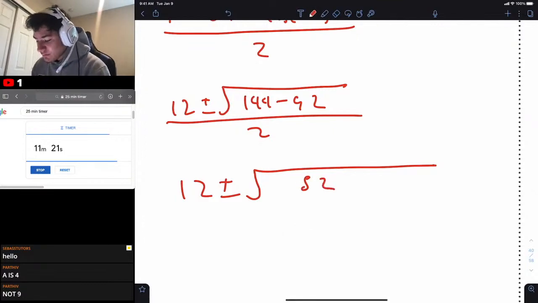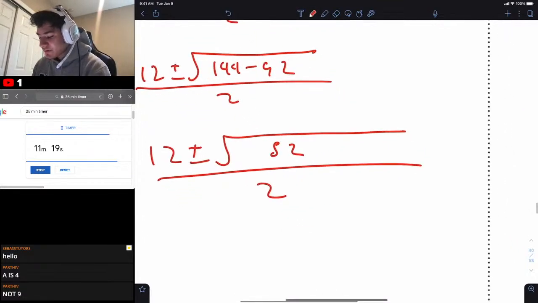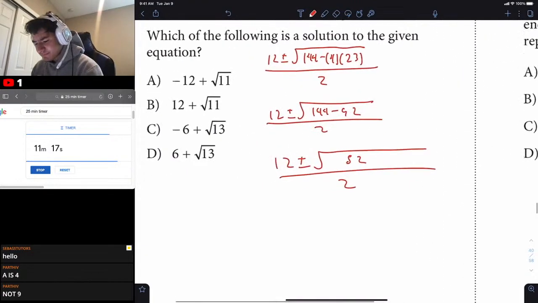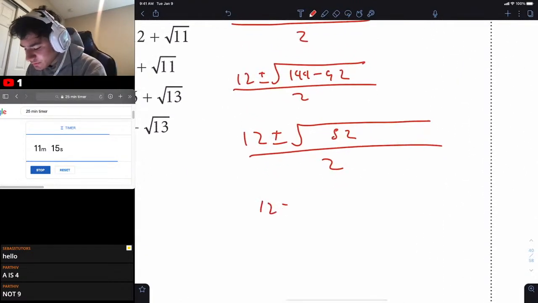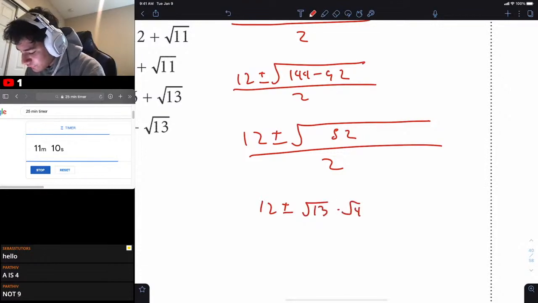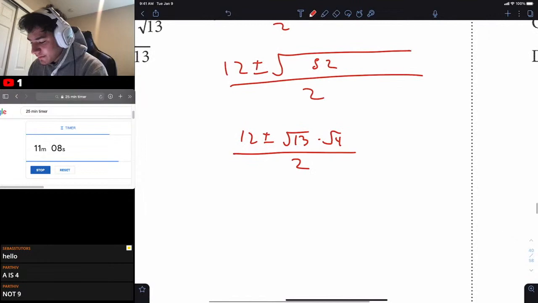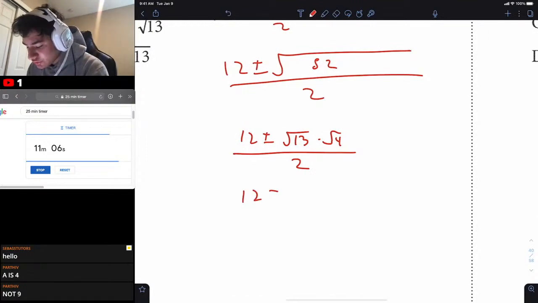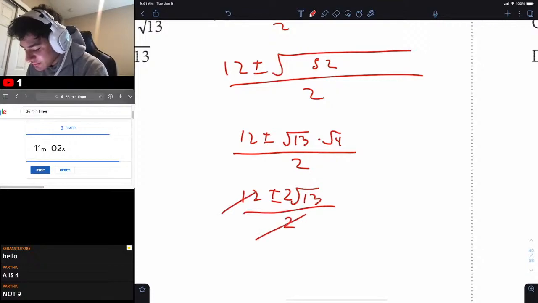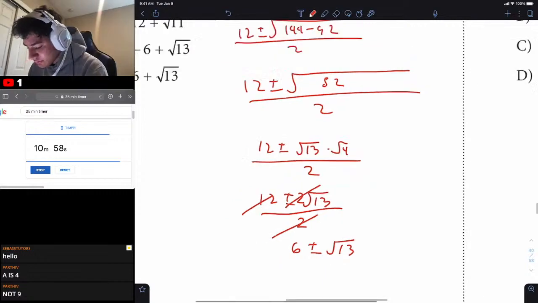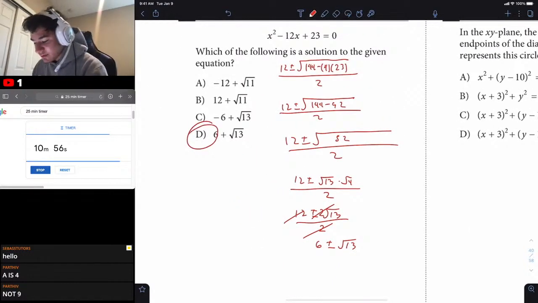Root 52 over 2. Root 52 is just 13 times 4. So 12 plus or minus the square root of 13 times the square root of 4, over 2. And then root 4 simplifies to 2. So 12 plus or minus 2 root 13 over 2. Cancel out these 2's. 6 plus or minus root 13. So 6 plus root 13 is a solution.